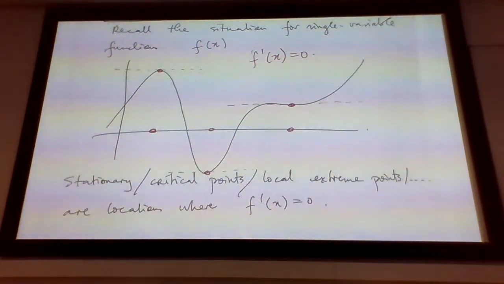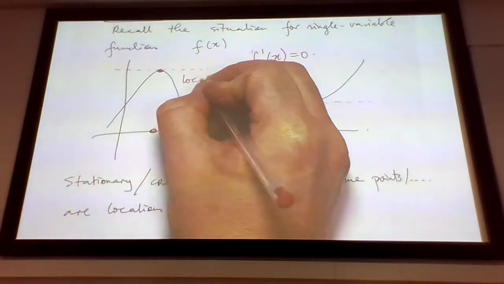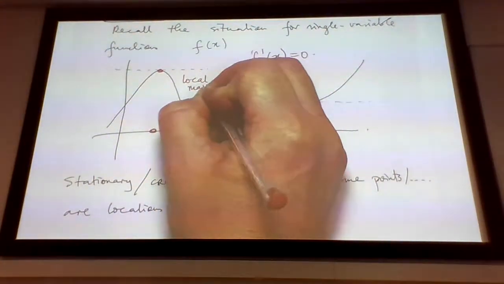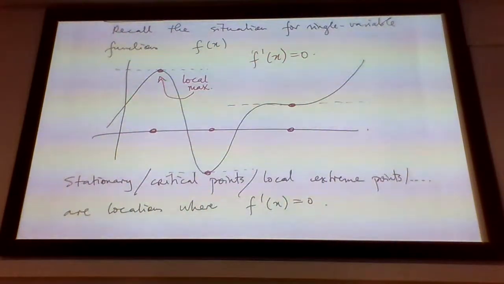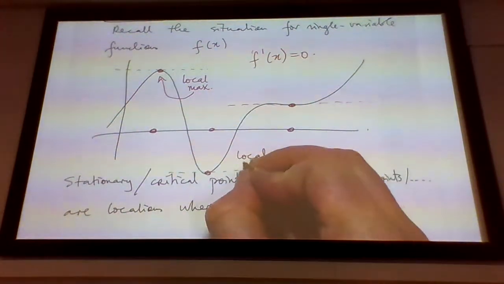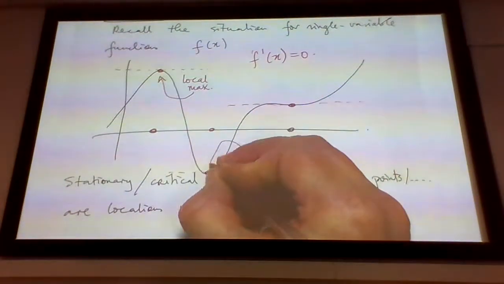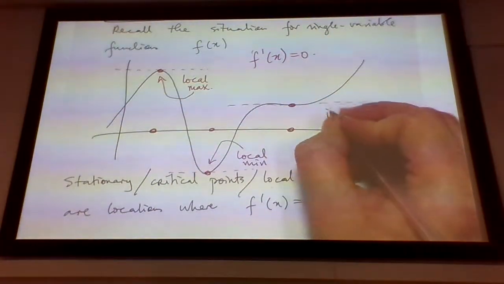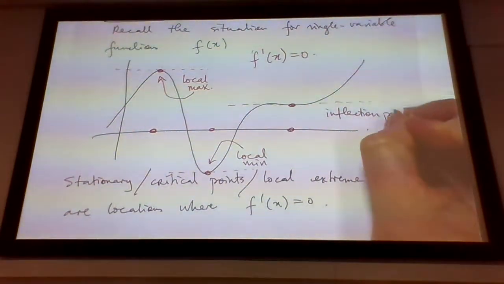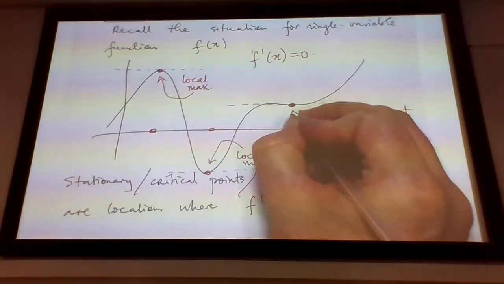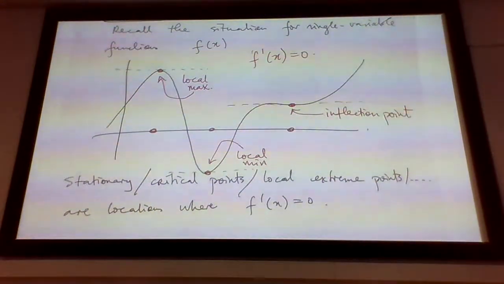And we see all the different types of behavior exhibited here. Here we've got a local maximum of the function. Here we've got a local minimum of the function. And here we have what is called an inflection point. It's kind of a mixture of a minimum and maximum.